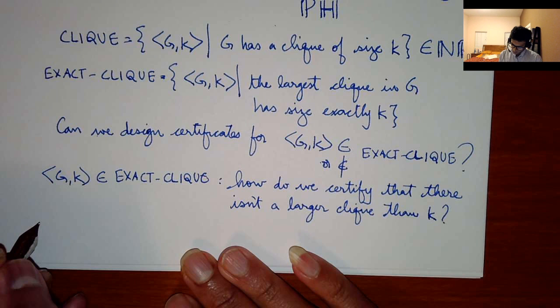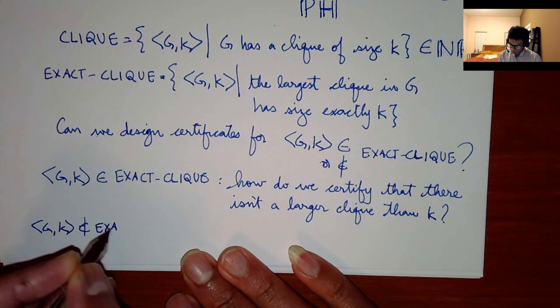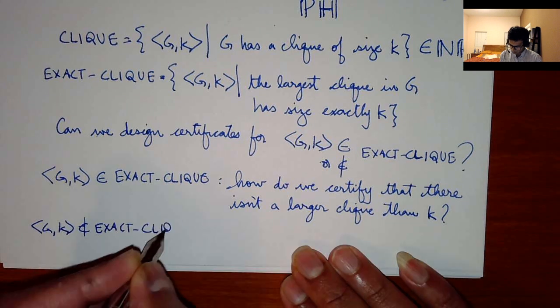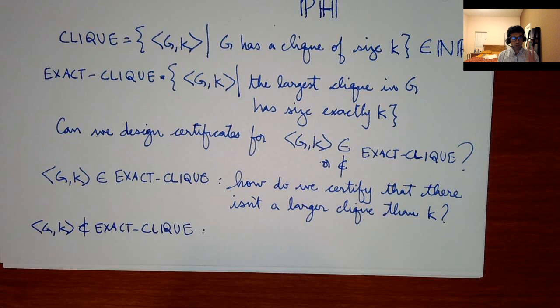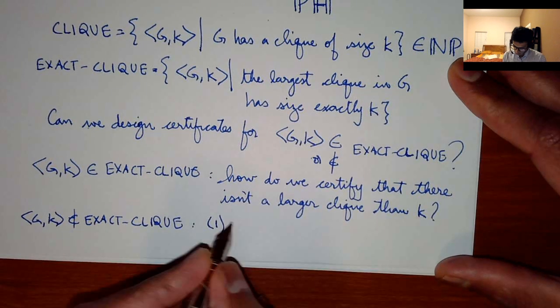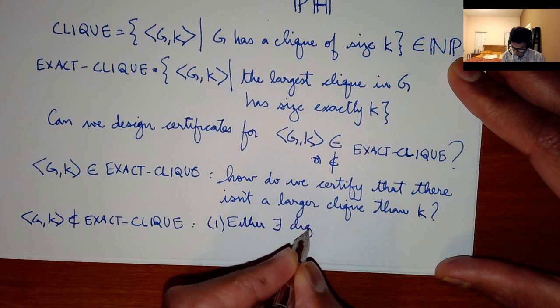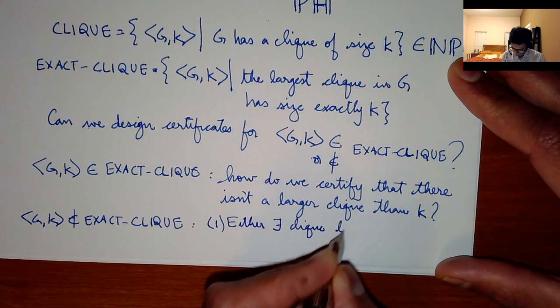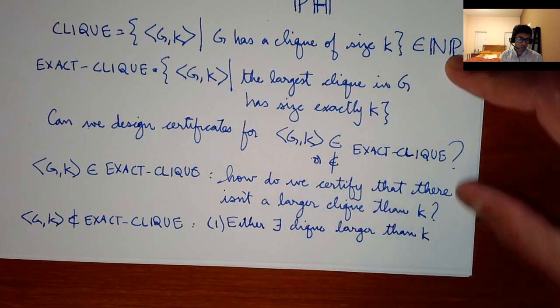Instead, let's just say that G, K is not an exact clique. Maybe there's a certificate for this fact. But the problem is there could be two different reasons. Either there exists a clique larger than K. This we could certify.